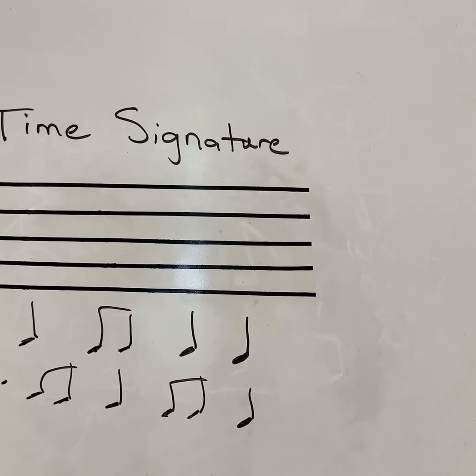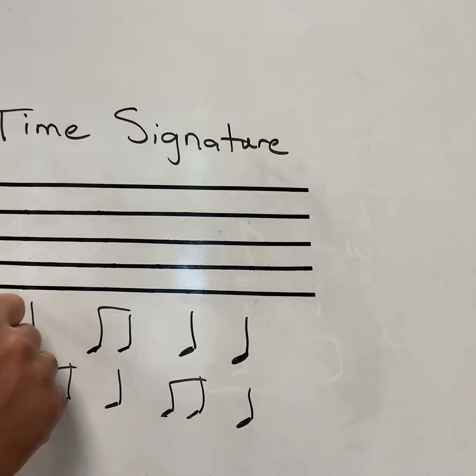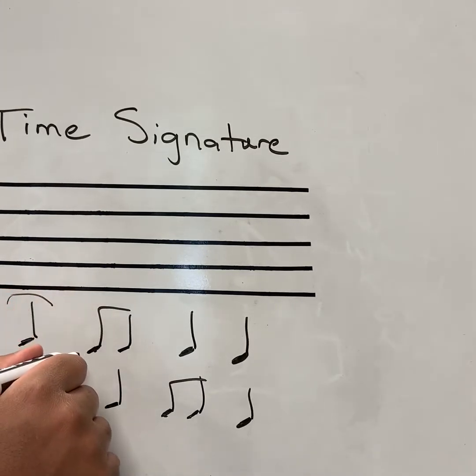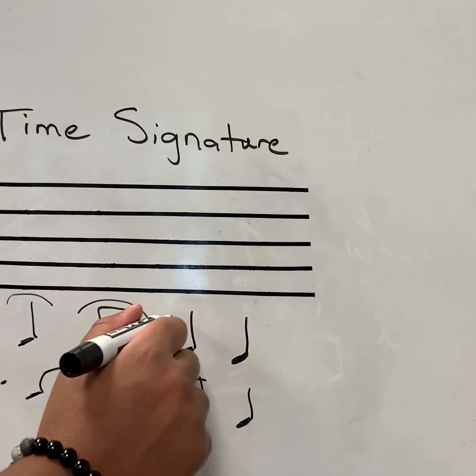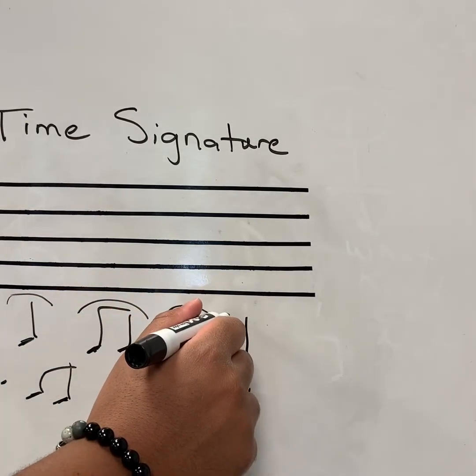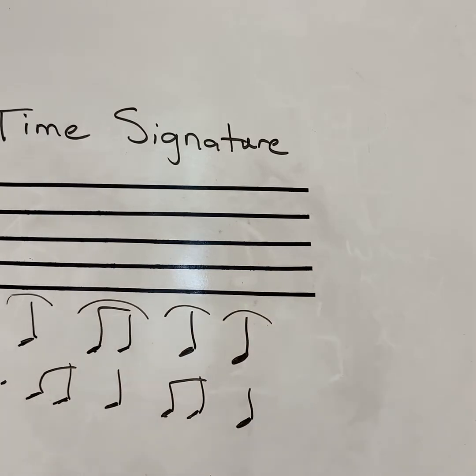They have four beats. Okay. Let's look at measure one. That's one beat. That's two beats. Three beats. And four beats. So there are four different groups. Okay. Four different groups.